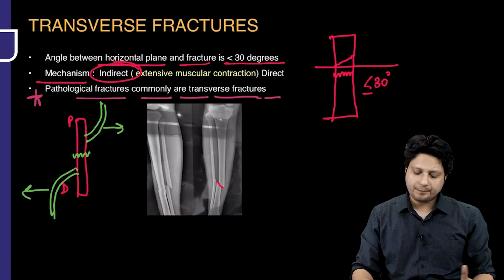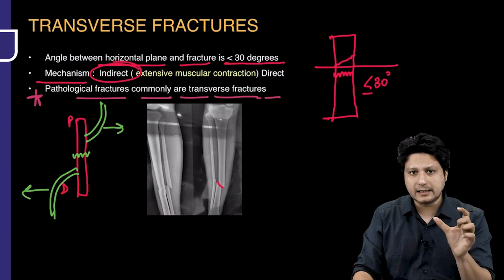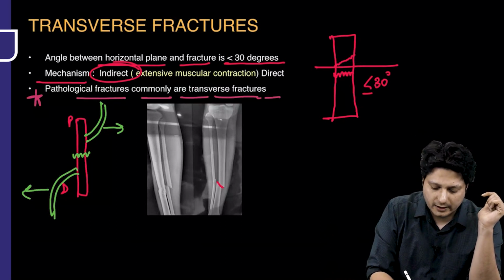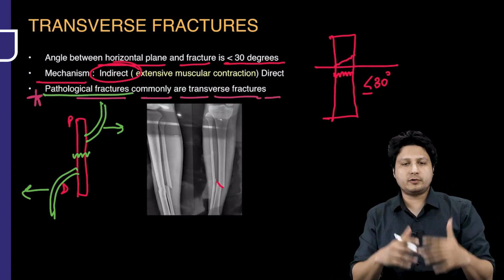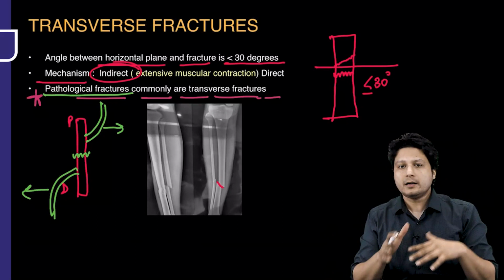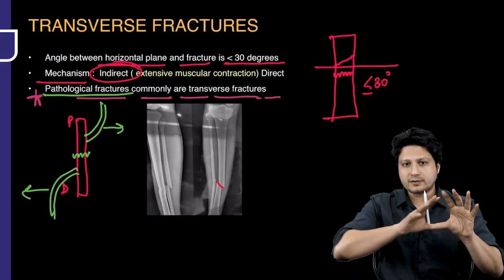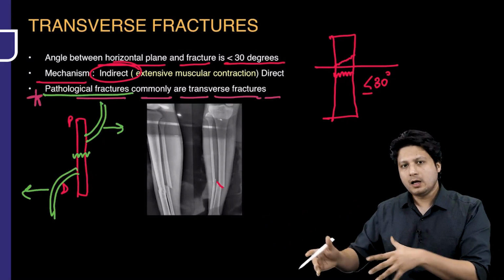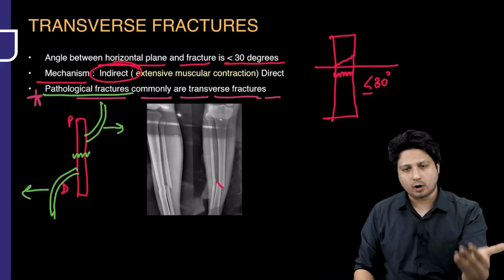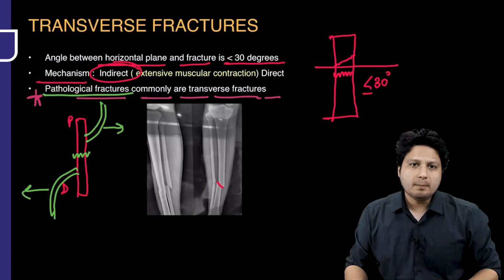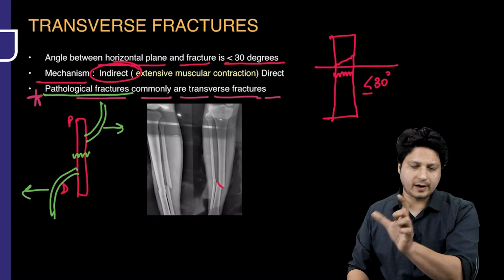That is the reason why the statement that you have written has a meaning: the majority of pathological fractures are transverse fractures. The majority of pathological fractures are the result not of high velocity trauma, but of a low velocity indirect trauma which resulted in a peculiar pattern, the transverse fracture.